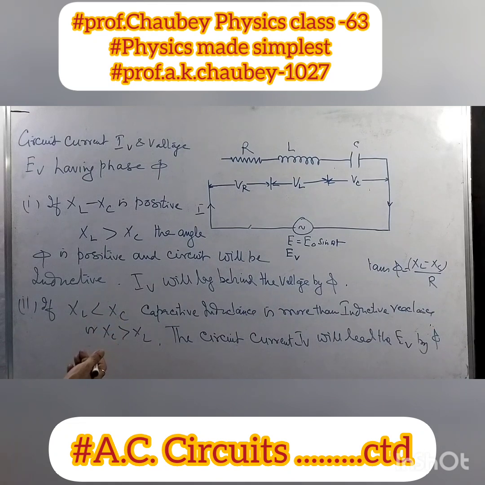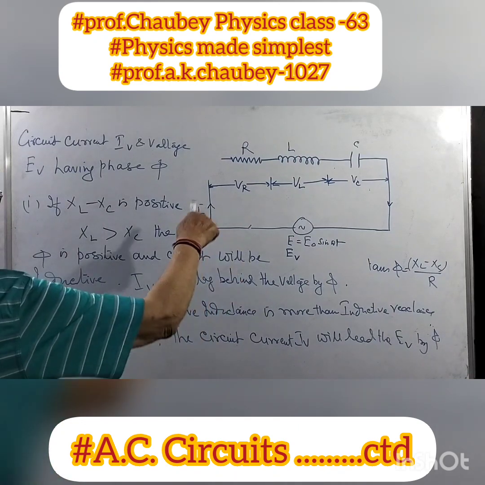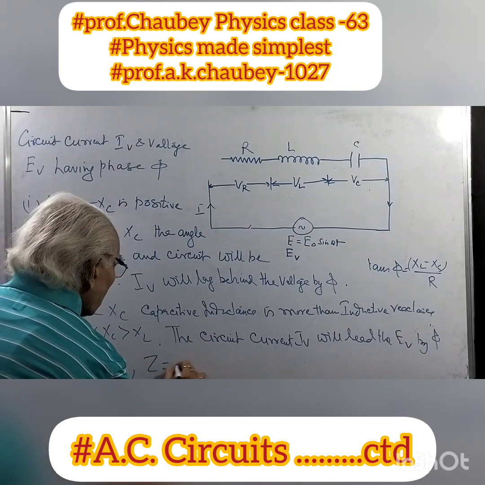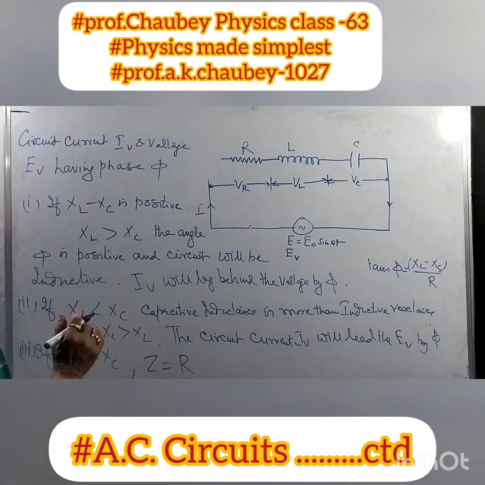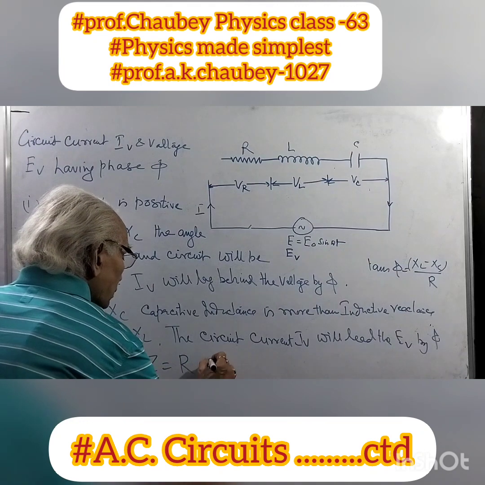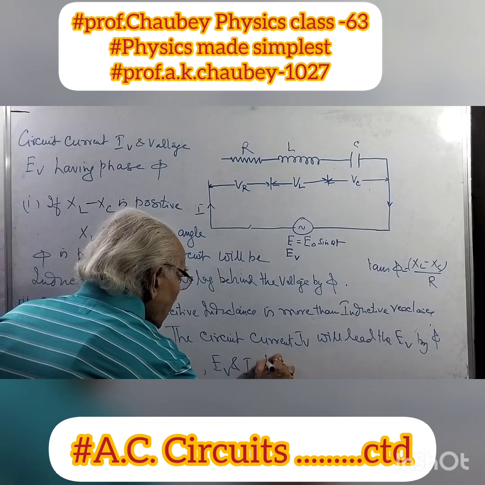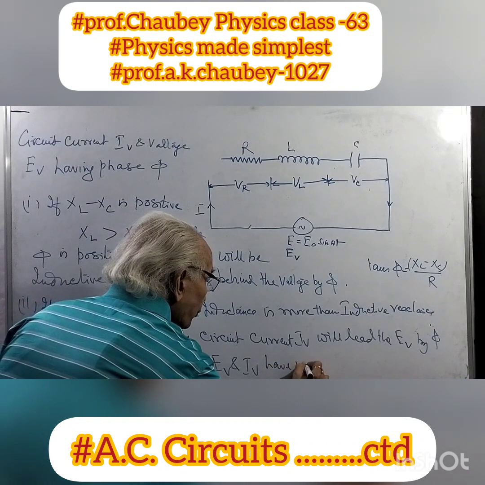And if XL is equal to XC, the third case, this part vanishes, which means Z is equal to R, only resistance. Then EV and IV have no phase difference.